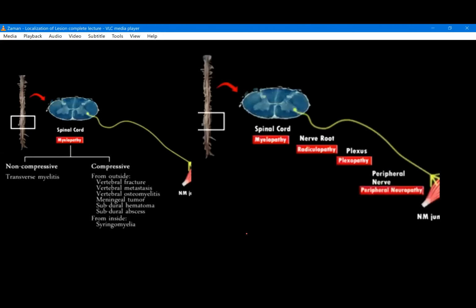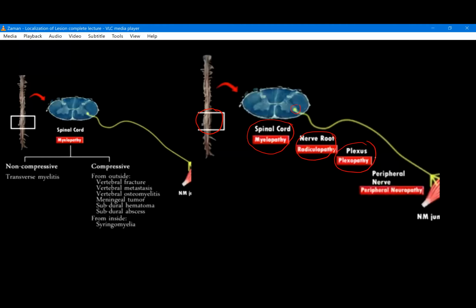Now also you have to know that in the spinal cord, the cord has the anterior horn cell and the posterior horn, and the muscle supply comes from the anterior horn. This is the lower motor neuron, and it could be at the level of the cord, myelopathy, then radiculopathy, that is the nerve root is involved.